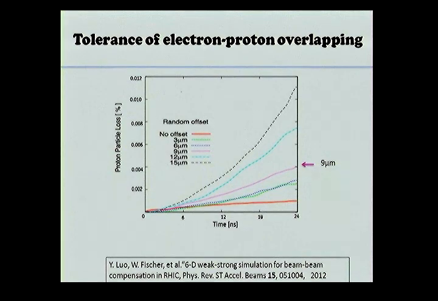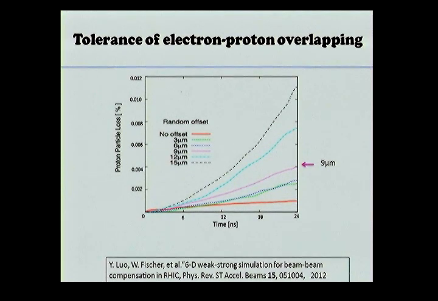Here I show my simulation result again to set the tolerance of the electron-proton overlapping. Again, the vertical axis is proton particle losses in unit of percent. 0.012% loss in 24 seconds means 2% per hour proton particle loss. The red curve is the perfect overlapping.